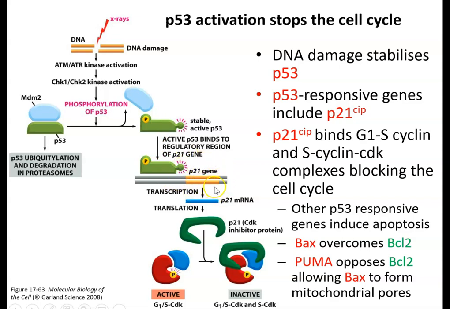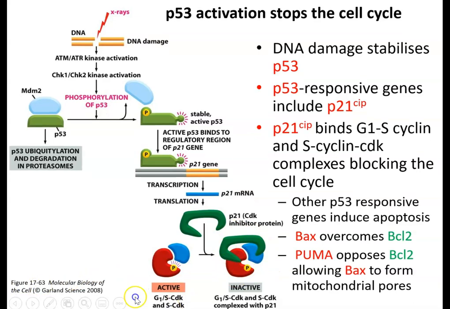The p21 protein will naturally bind and inactivate cyclin-dependent kinase and cyclin complexes. So here is the cyclin-dependent kinase, here's the cyclin that's activating it, and when p21 is bound to it, this is inactive.